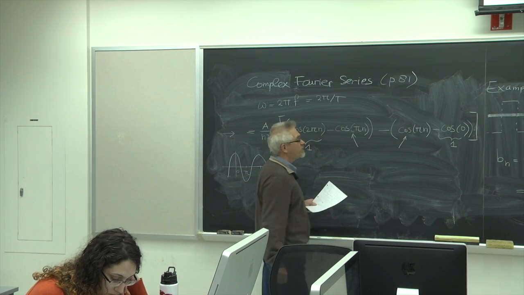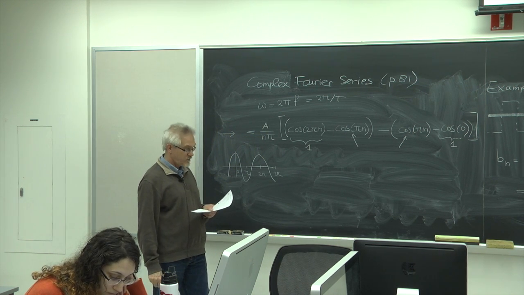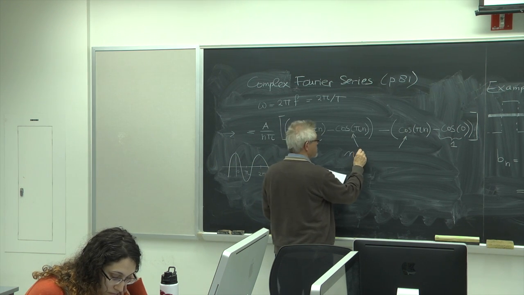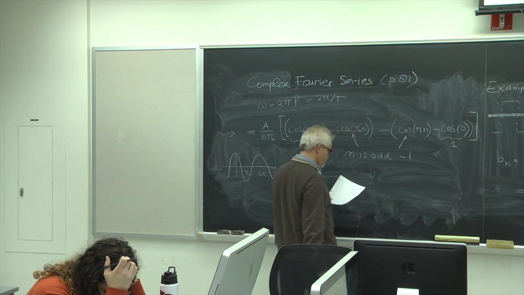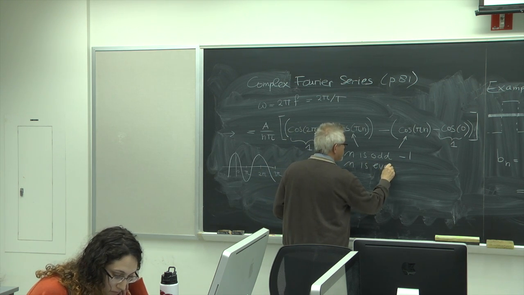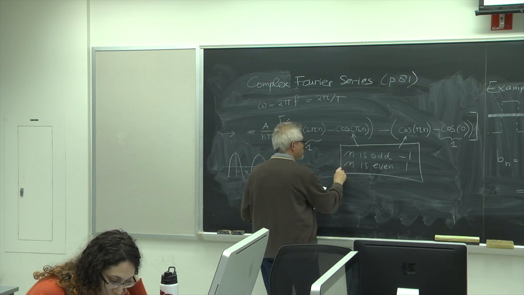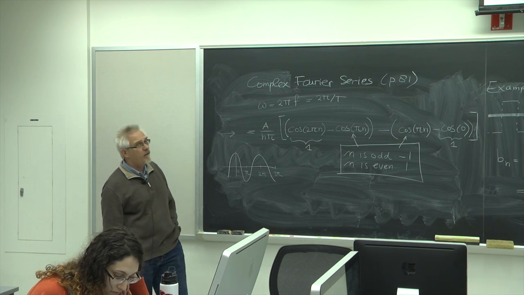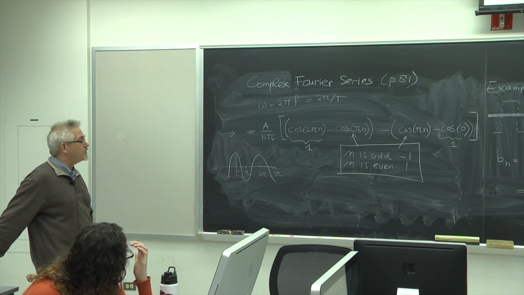The only ones that are a bit more difficult to evaluate are the n pi terms, because when n is odd, the outcome is -1, and when n is even, the outcome is +1. So that means that this expression that we get here for our Bn's is different for odd and even n.